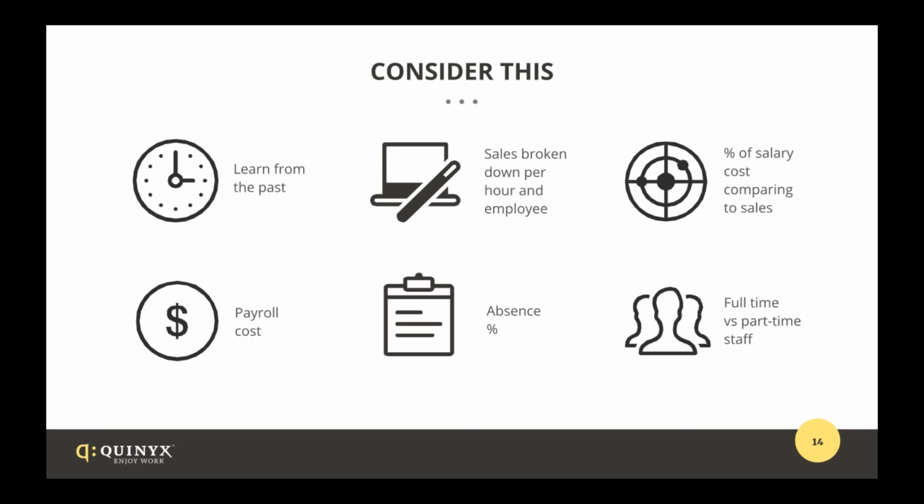So how are we trending? How much am I expected to raise, or hopefully raise, but maybe even lower my sales during this period for different reasons? So using the historical data as a base will help you create a good forecast.